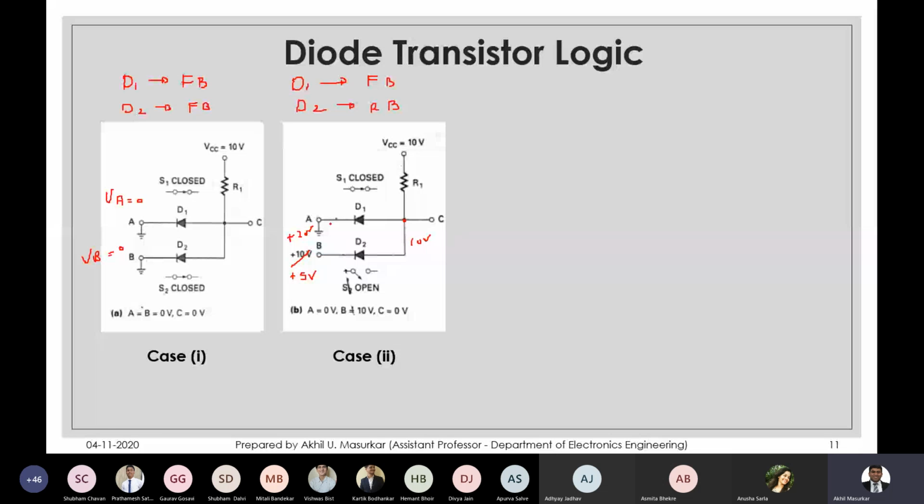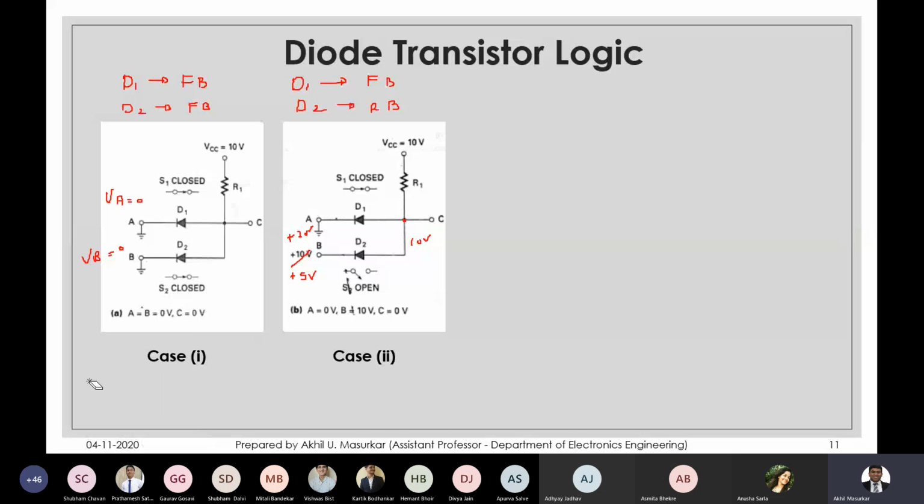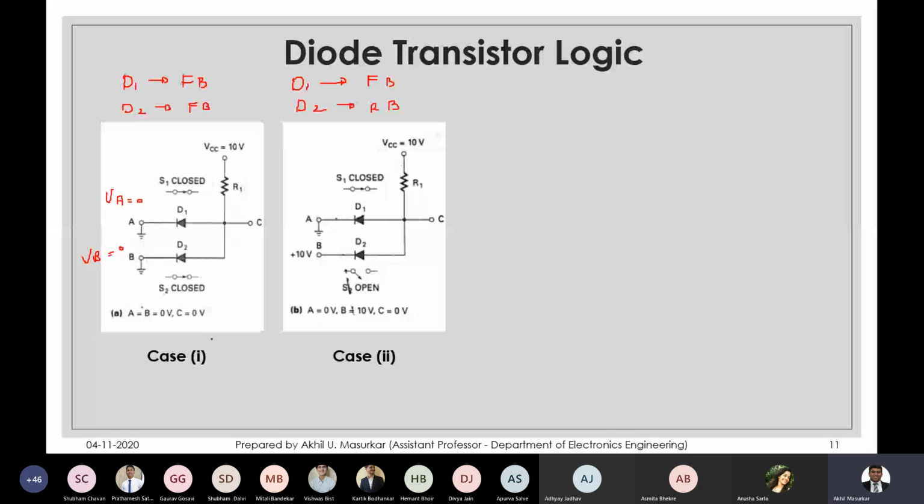So the diode will be reverse bias. The anode voltage should be greater than the cathode voltage by an amount of 0.7. So please keep these diode concepts in your mind, because since we are dealing with diode transistor logic, diode is likely to be there.